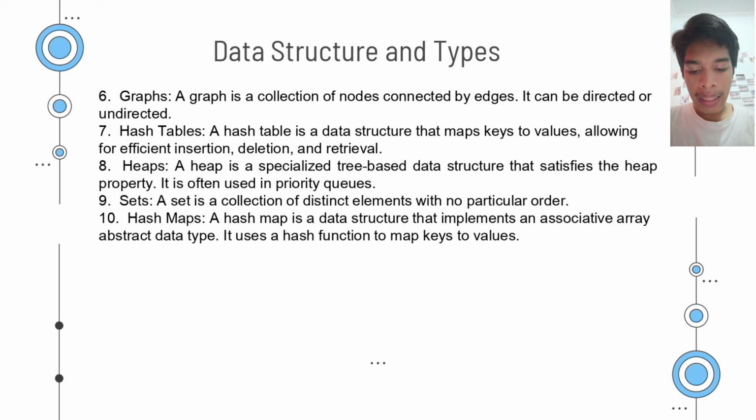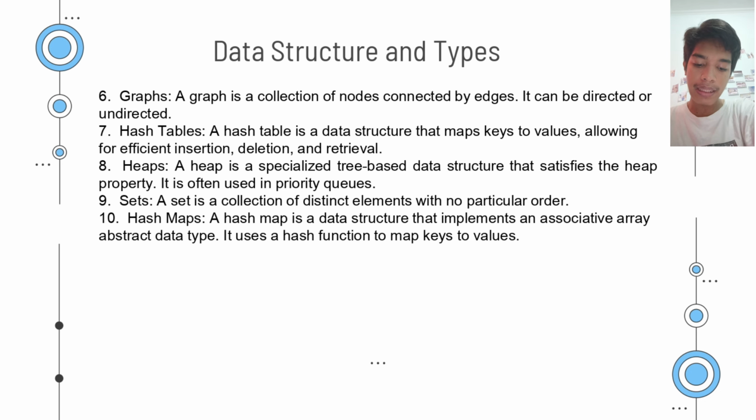Seven, hash tables. A hash table is a data structure that maps keys to values, allowing for efficient insertions, deletions, and retrieval. Eight, heap. A heap is a specialized tree-based data structure that satisfies the heap property, often used in priority queues. Nine, sets.